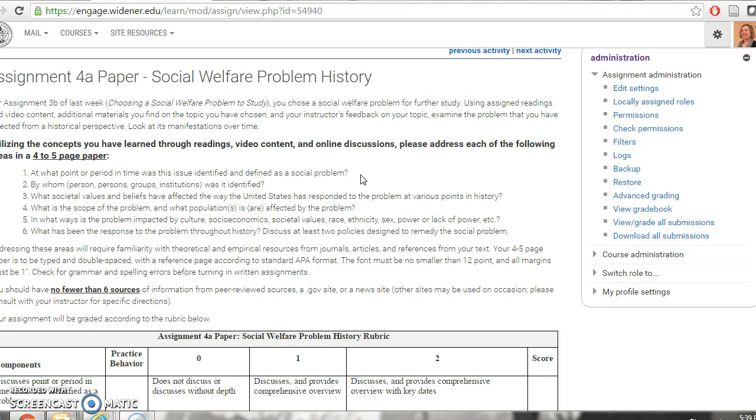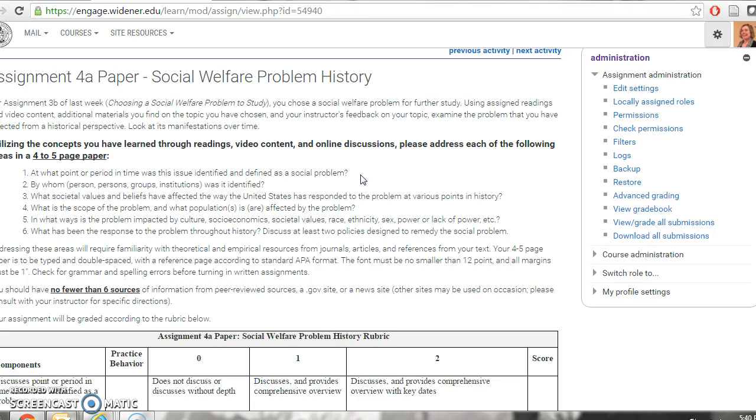So in terms of the technicalities of the paper, that was sort of the content. You're going to need no fewer than 6 sources, and this is a research paper, so these sources need to be from peer-reviewed journals. It could be from .gov sites, especially if you're quoting statistics. There could possibly be .org sites that are relevant. Reputable news sites may be relevant. But you should definitely have a mix of sources.